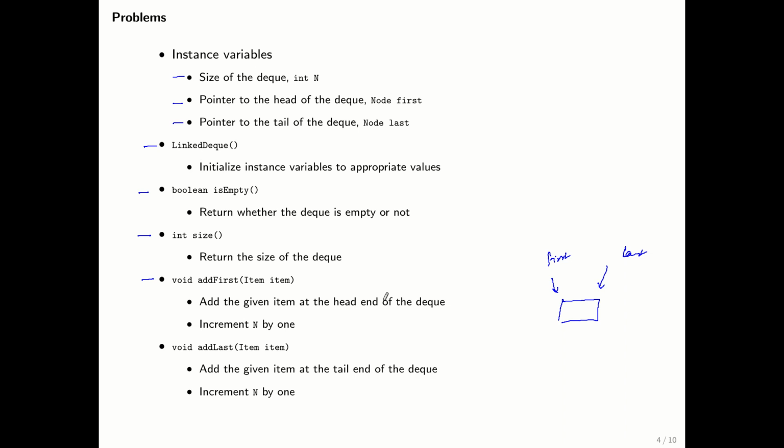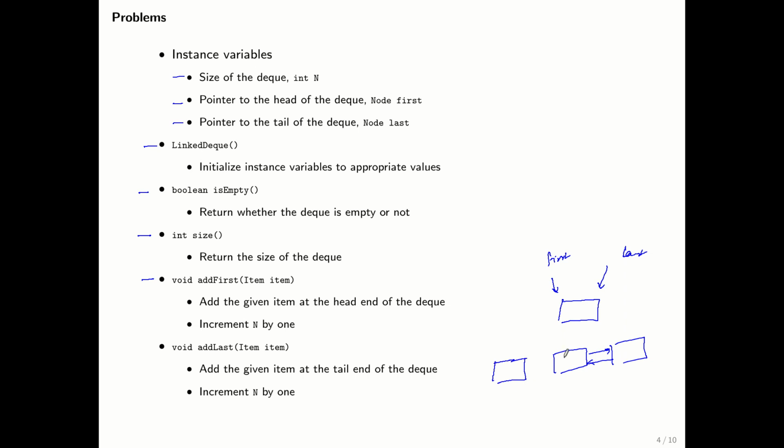If it is not the first node, then you may have something like this. You have a linked list, let's say with 2 elements, and you're making a call to add first to add an item to the front of this linked list. So there are pointers here, and then you're adding something here.